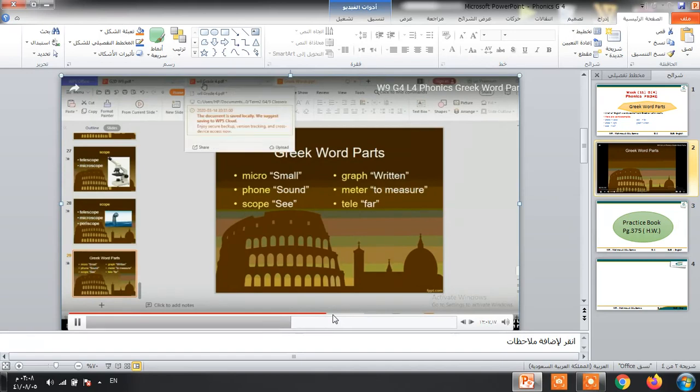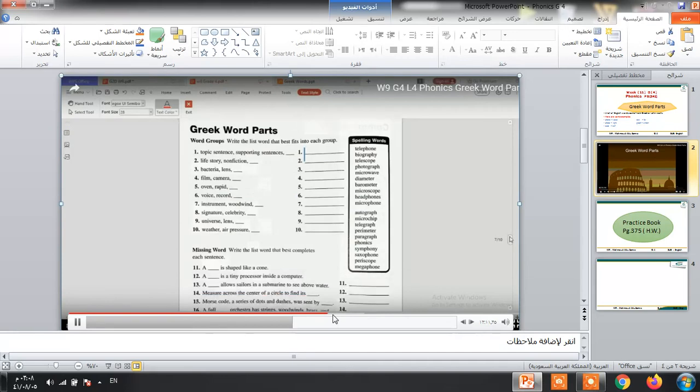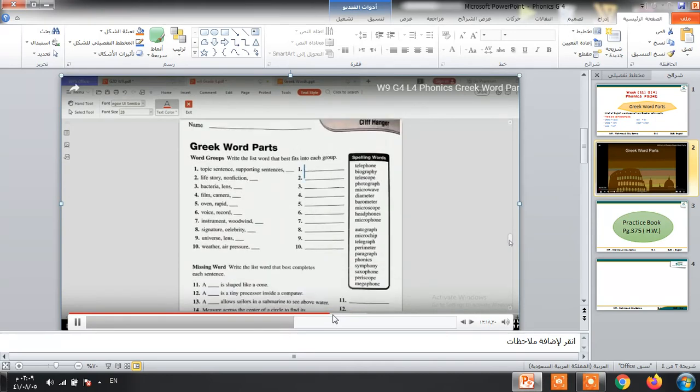Now, as I said, let's please open the Readers and Writers notebook, page 342, because we're going to solve the page together. So we have the same words that we learned about here.